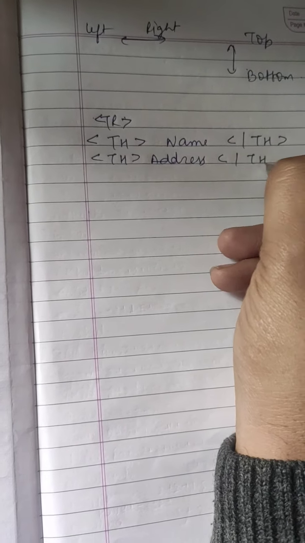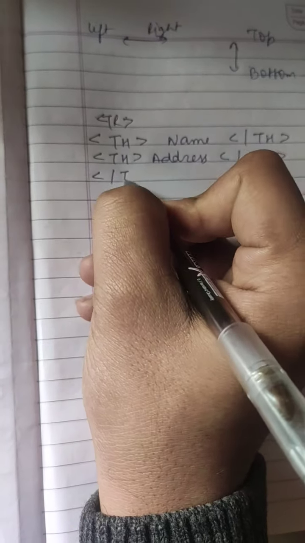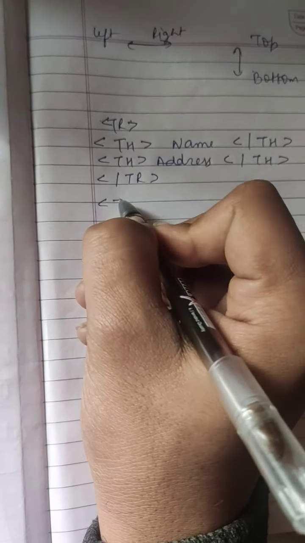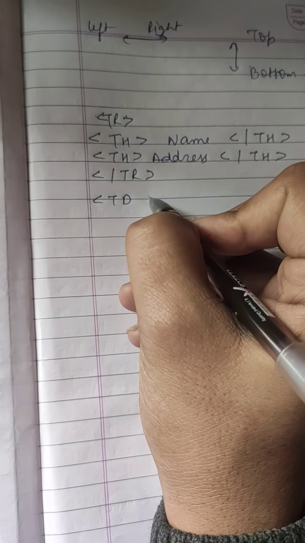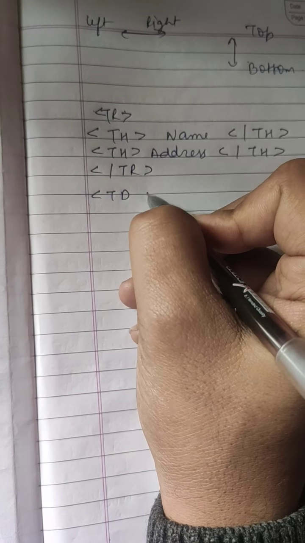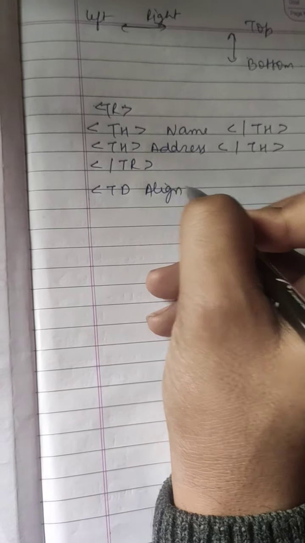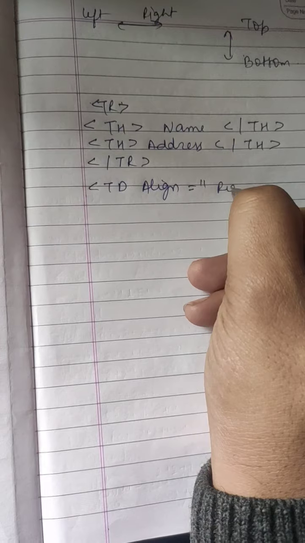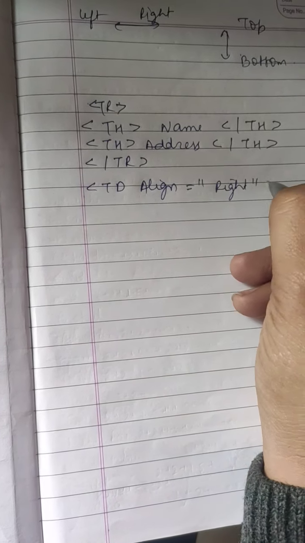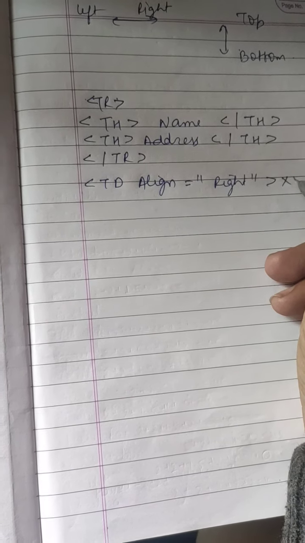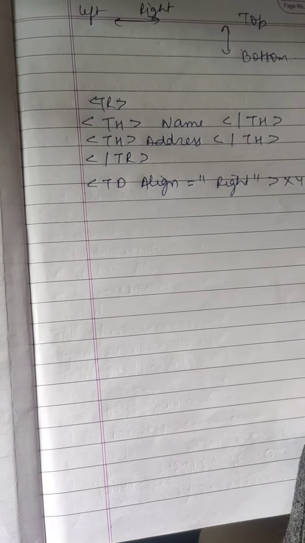I am taking the example of a book only, tr will be closed. Then again td, in that td suppose I write align equals to right, and I will write xyz, td will be closed.